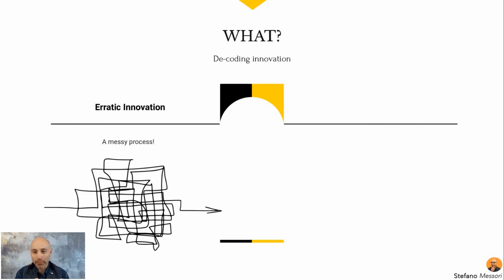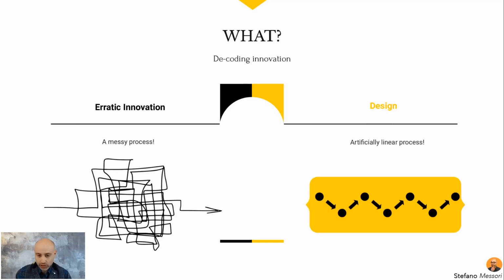Something happened, and that process can last 1 year, 2 years, 3 years, depending on the organization where you're working. And after that messy process, we exit the process of innovation with a new idea. That is the way that innovation has been happening up to now in many organizations, and possibly that is also the nature of innovation, being a little bit messy and trying different things. But that is what I call erratic innovation.